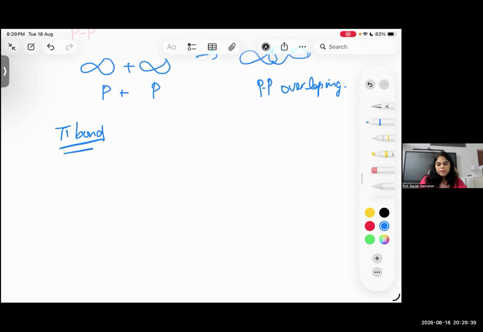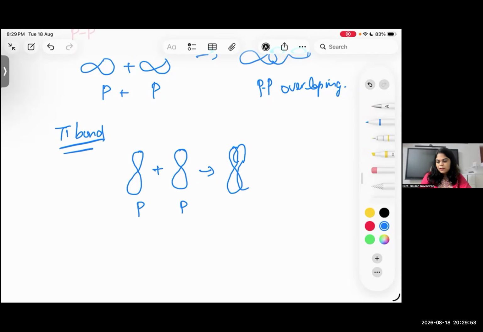See, it is lateral. Clear? Plus, this is also a P orbital. It gives lateral combination. See, lateral means both the ends are connected. Like this is the overlapping.